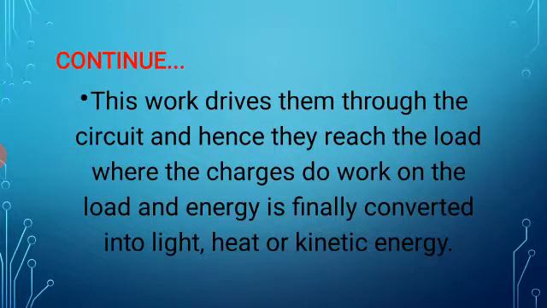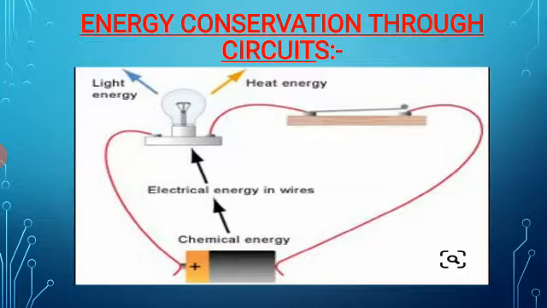This work drives them through the circuit, and the chemical energy is converted into electrical energy when they reach the load where the charges do work on the load, and electrical energy is then finally converted into light, heat or kinetic energy. That is how the energy transfer takes place in a circuit.